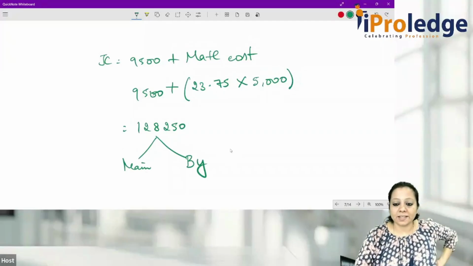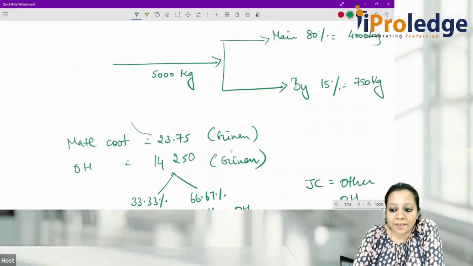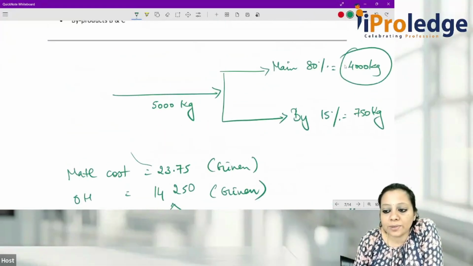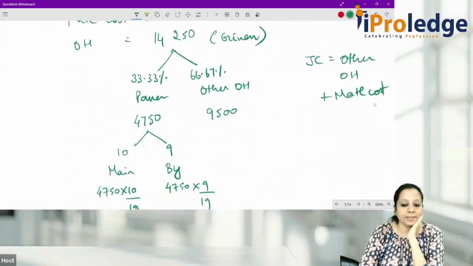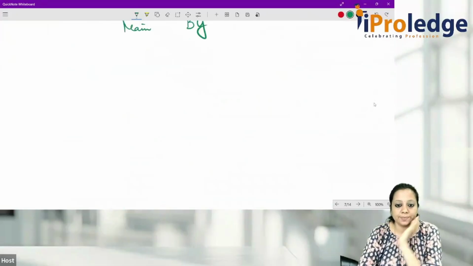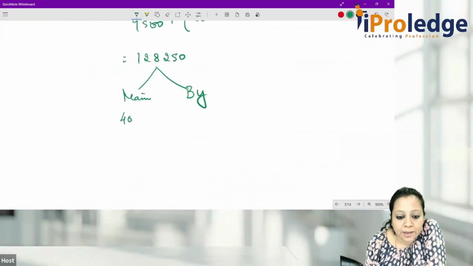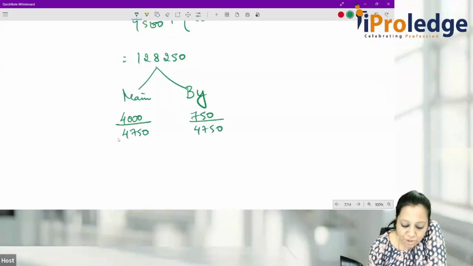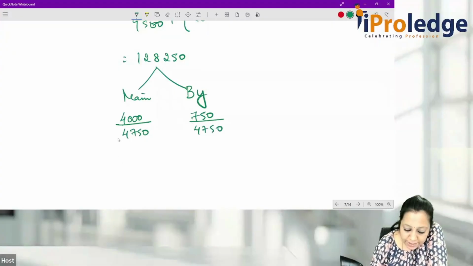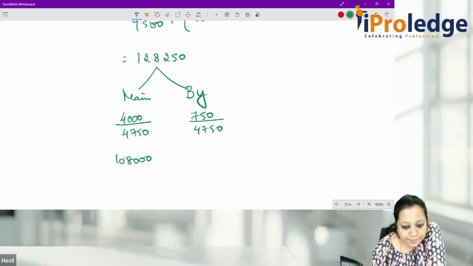In the first table we drew, we had physical quantities of 4,000 and 750. So I'm going to use that, 4,000 and 750, divided by 4,750. That will be the basis for apportionment. 1,28,250 into 4,000 divided by 4,750 is 1,08,000.